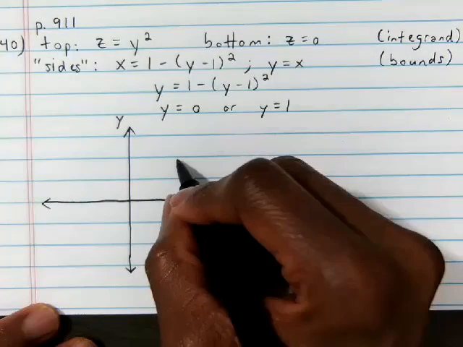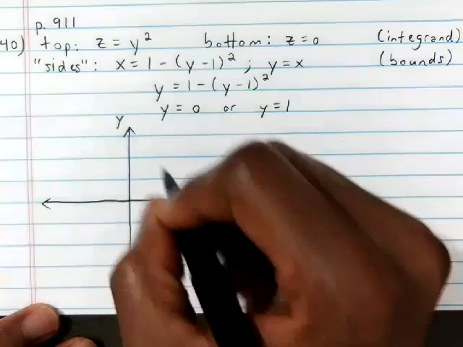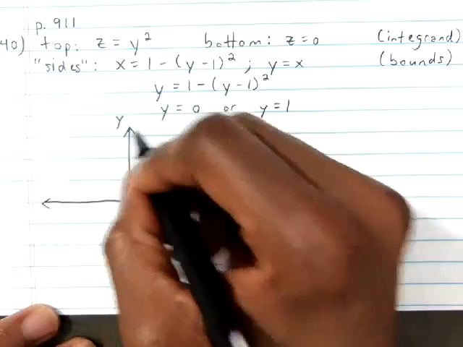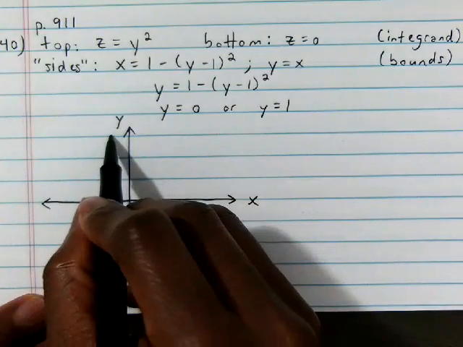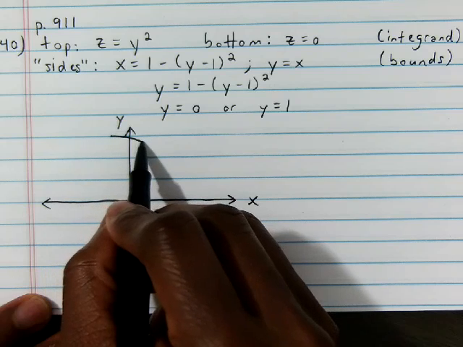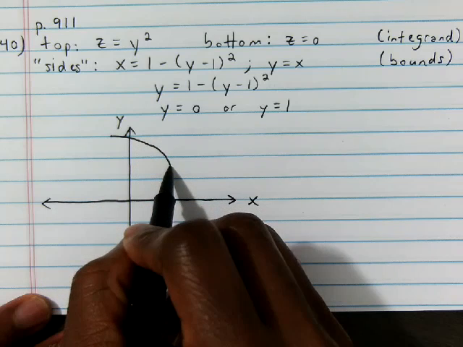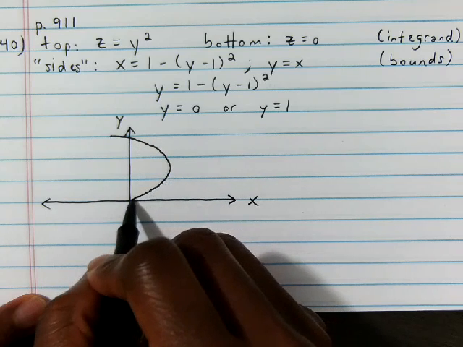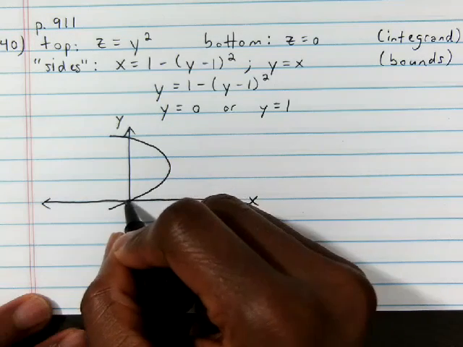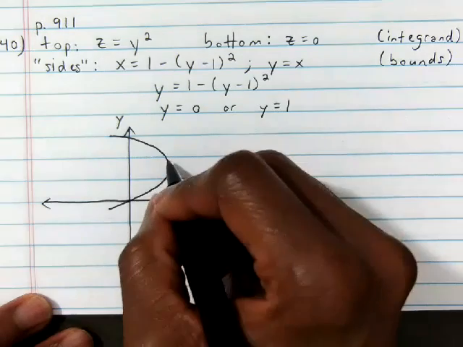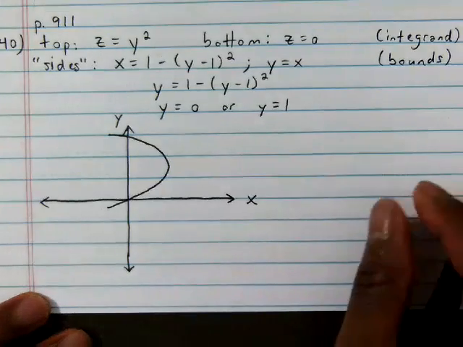So we're going to have the 0.11. I'm going to exaggerate this a little bit because we're going to have a parabola that looks like that. I didn't sketch this big enough. I should have sketched it a little bit bigger.